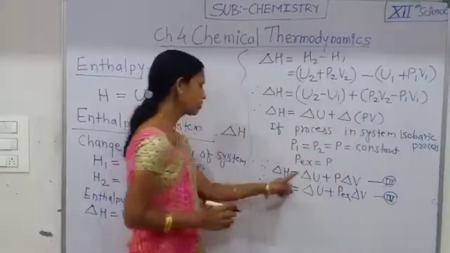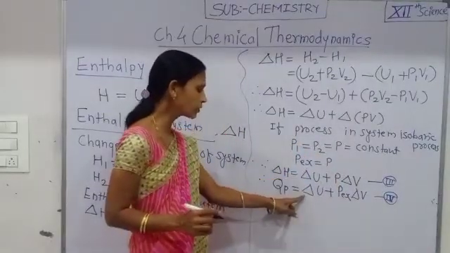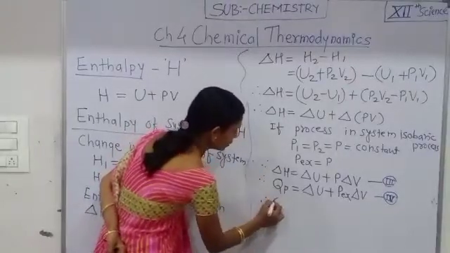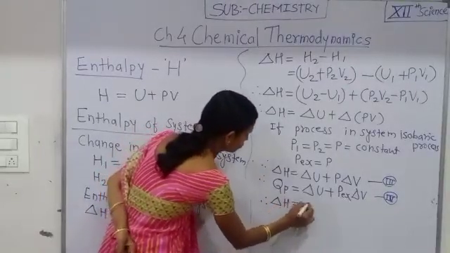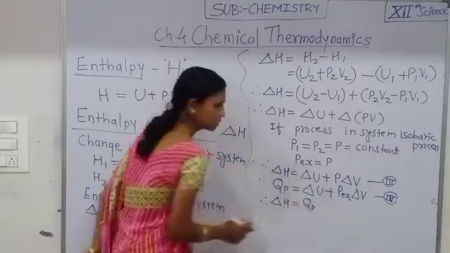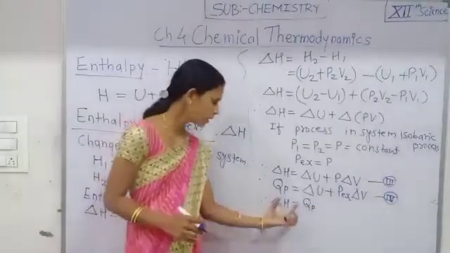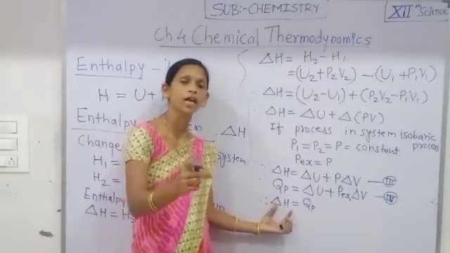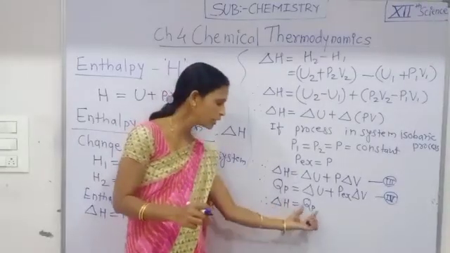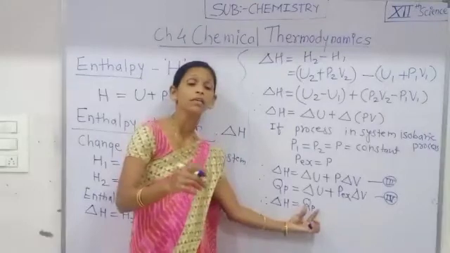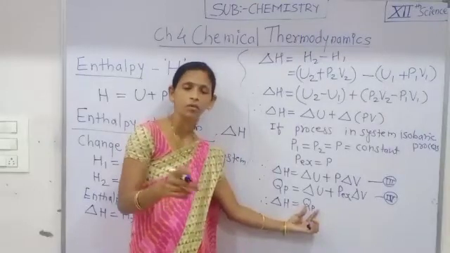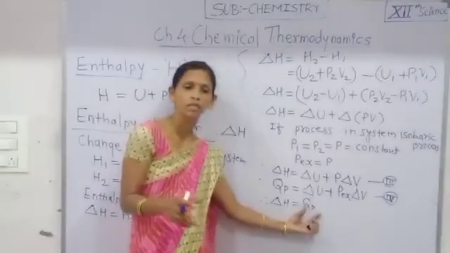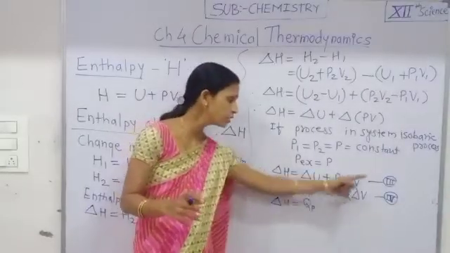From equations 3 and 4 we can conclude that delta H is equal to QP. That means delta H, the change in enthalpy of the system, is the heat transferred to the system, or heat transferred from the system, at constant pressure.